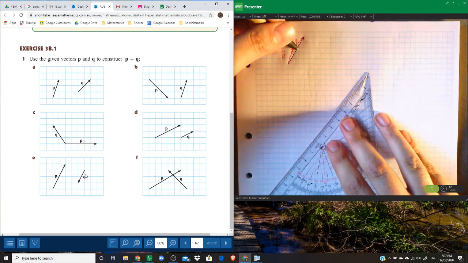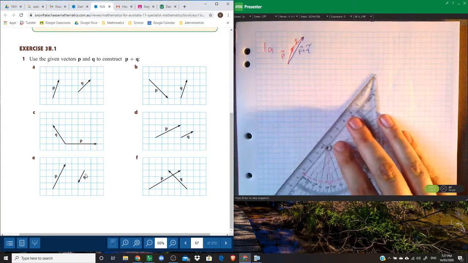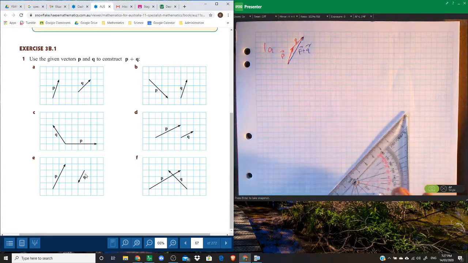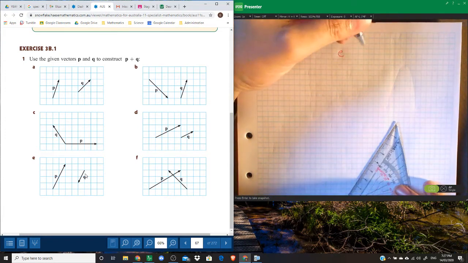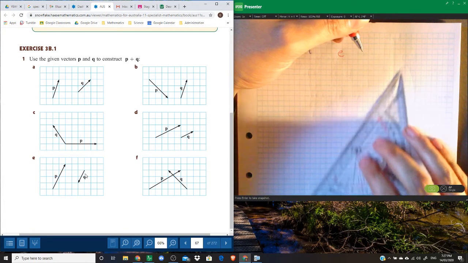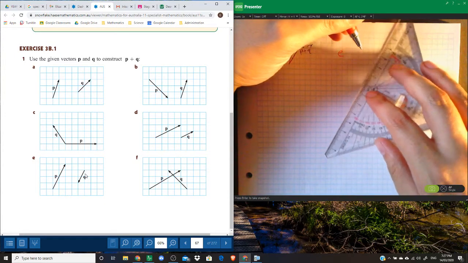And that vector there is P plus Q. Okay. If they fall over the top of each other, because it looks like P could be expressed as Q because it's like half the length in the opposite direction. That one's going 2 across and 4 up. First one.